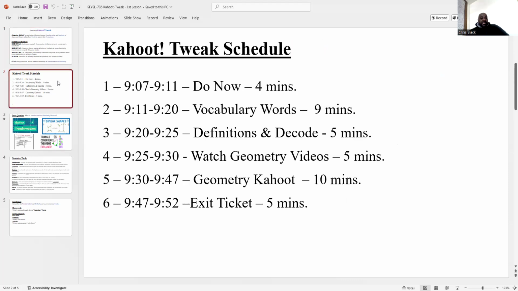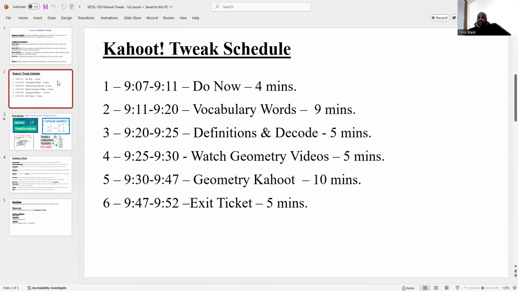I gave you guys a sample of the class schedules that I use and how we break the class period down. It's roughly a 45-minute class, and you start with the do now when the kids come in. Normally, it'll be a little preview of the lesson in terms of geometry and congruence and proofs.